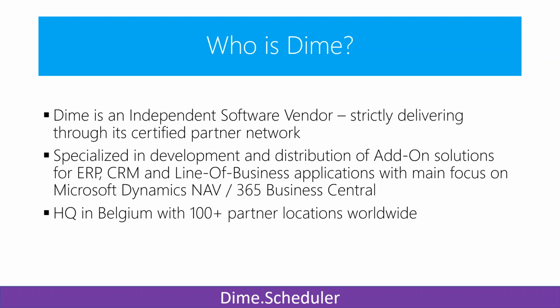The main focus is Microsoft Dynamics NAV and Business Central, because most of our employees have a long history with Microsoft Dynamics NAV, and therefore we want to bring our experience to this specific business. Our headquarters is located in Belgium, and we have more than 100 partners worldwide working with our products.